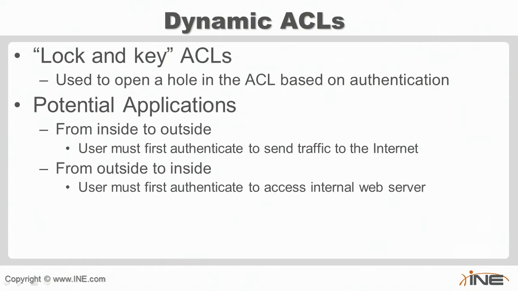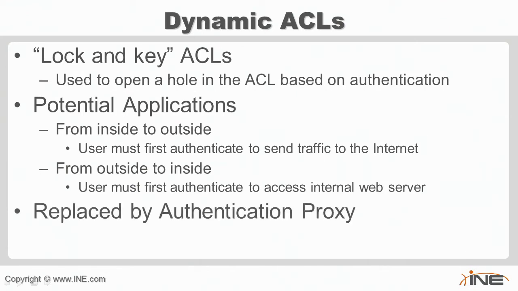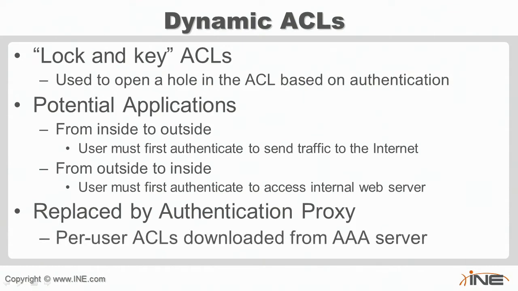So have the users telnet or SSH to the router, put the login information in, and then that's going to open up the hole for the particular access list entry. But again, in general, this has been replaced with authentication proxy, which is a per user ACL that we download from the AAA server, simply based on the fact that with lock and key or the dynamic ACL, you cannot specify which user is associated with which particular dynamic entry.